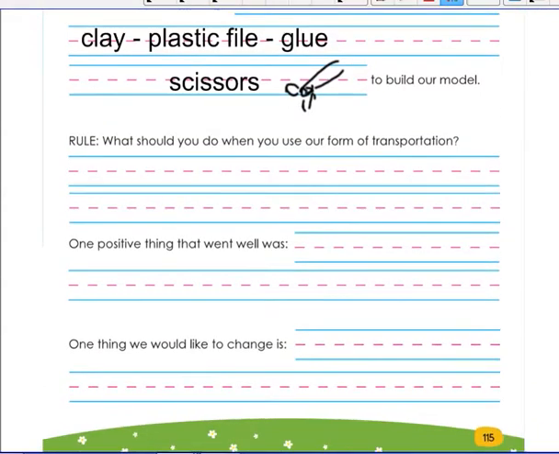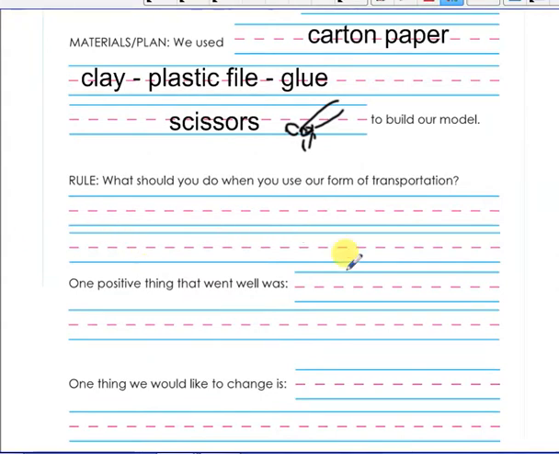Rule: what should you do when you use a form of transportation? If you ride a bus, you need to do what to be safe? Yes, sit in your seat and don't move, right?